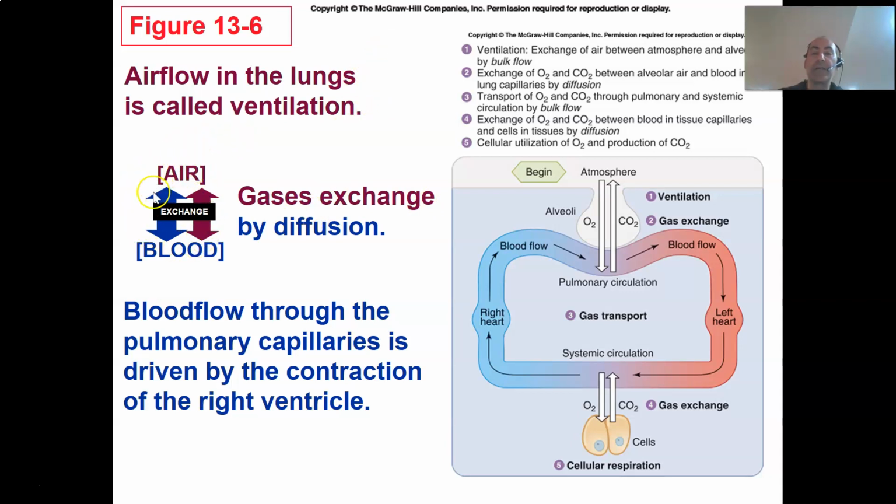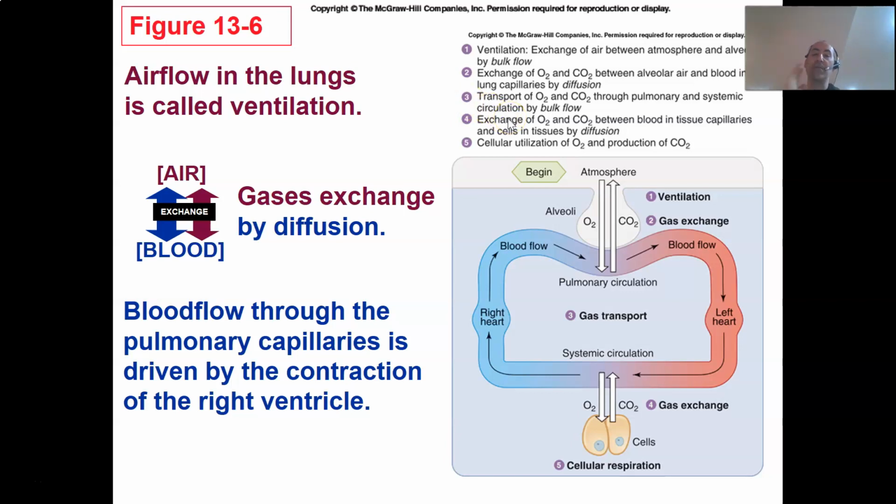Air that is exchanged with the capillaries in the lungs via the alveoli and the lung capillaries is called exchange. And then you have different levels of transport and exchange, respiration.